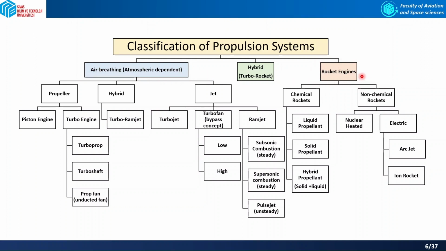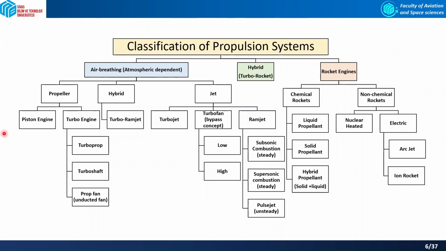Then we have non-air breathing or rocket engines, the opposite side, and sometimes we can have some mixture or hybrid engines or propulsion systems which can take air and use the air, and also they can just avoid the air and behave like rocket engines, so we call them hybrid or turbo rockets.